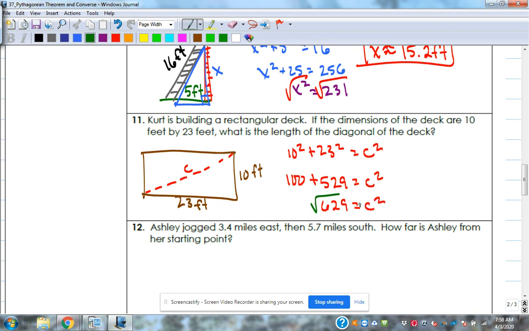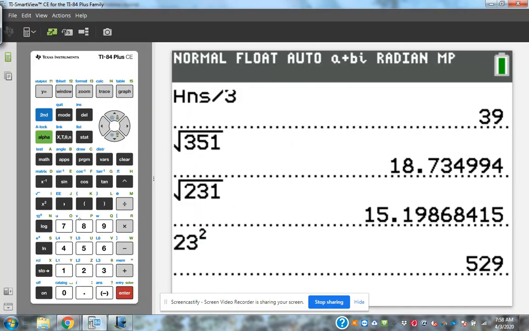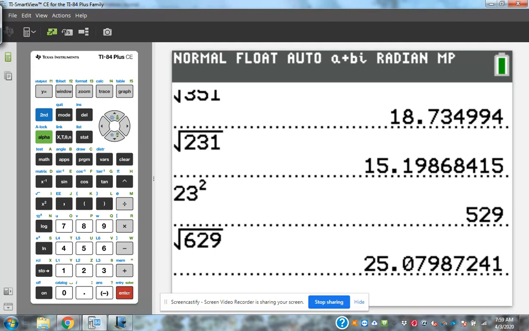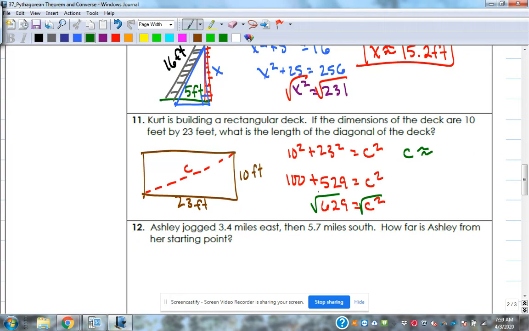We take the square root, and c is going to be approximately 25.1 feet. He's stringing some lights across the top of the deck there. Seems to be a common thing to do.